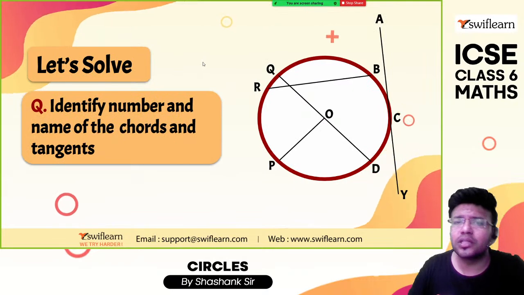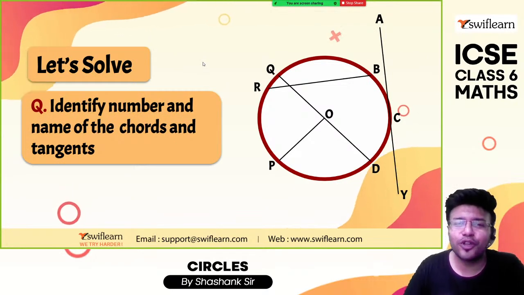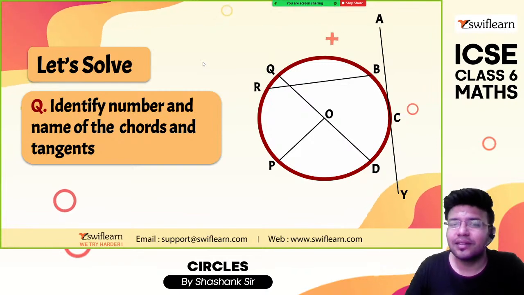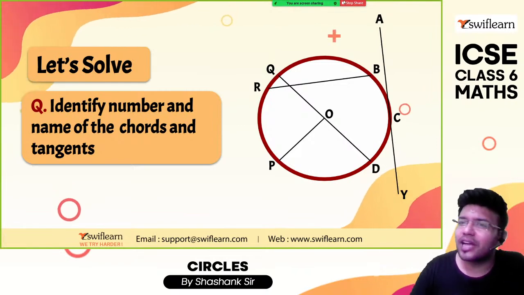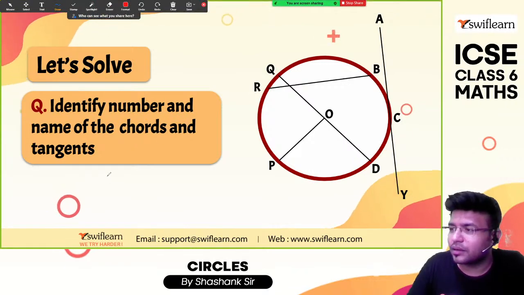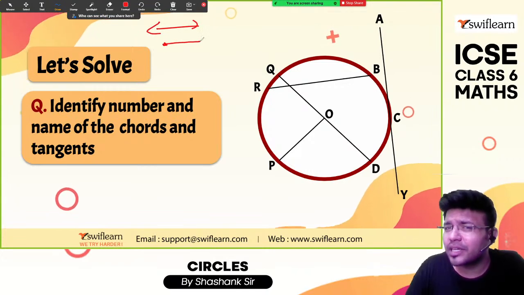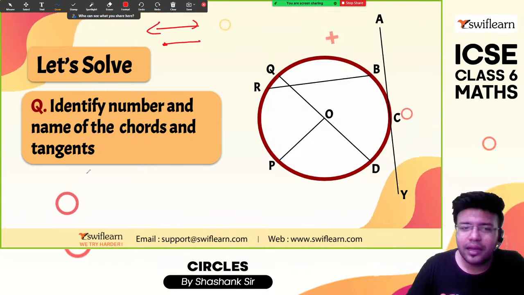Now let's solve this. Identify the number and name of the chords and the tangents. Okay, chords and tangents. So what is a chord? A chord is a line segment. Line matlab can be extended on both sides. A segment is fixed.